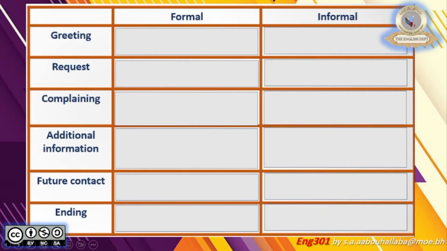So in greeting, when you are making a greeting in an email or in a letter, there are differences between greeting somebody formally and informally. Let's look at that. Formally, we use dear plus the common title Mr. or Ms plus the surname or the family name of the person. So Jones is not the name of the person.